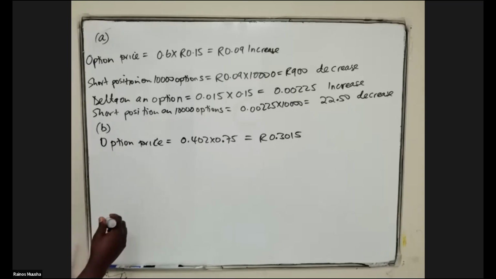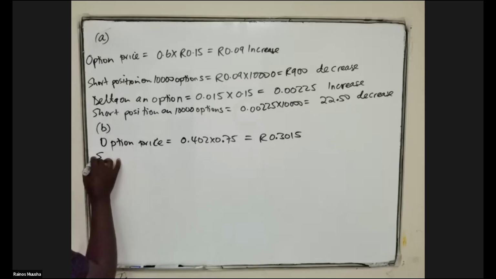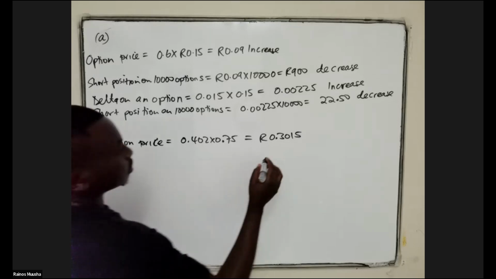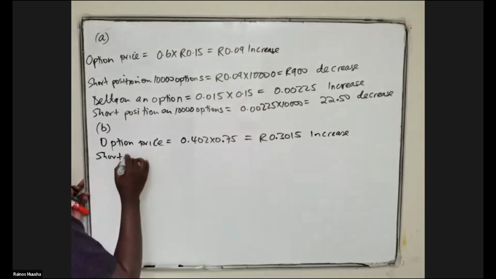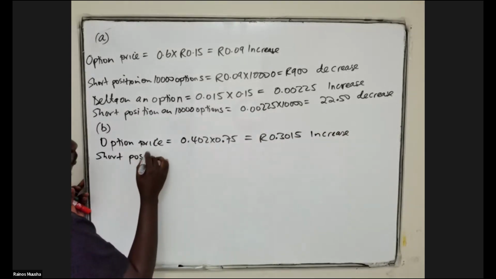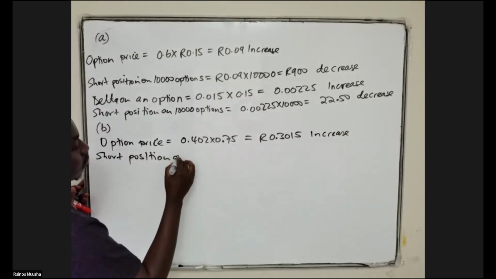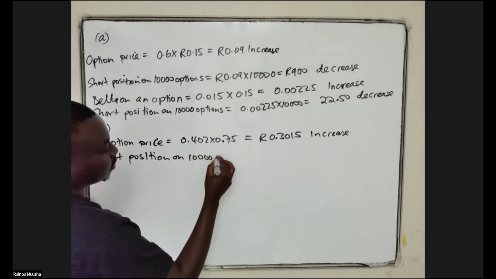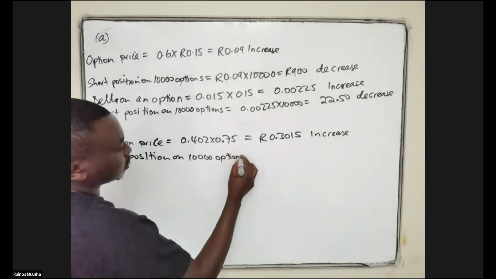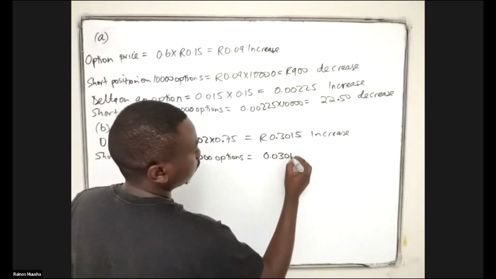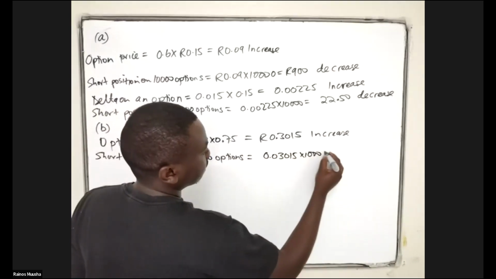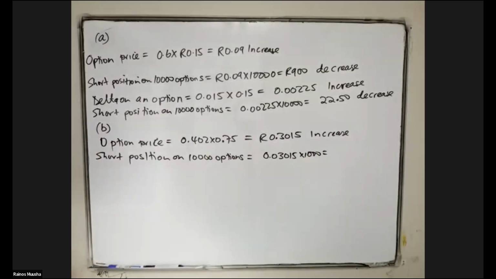Then, if it's going to be on the short position on 10,000 options, the effect is going to be 0.3015 multiplied by 10,000.